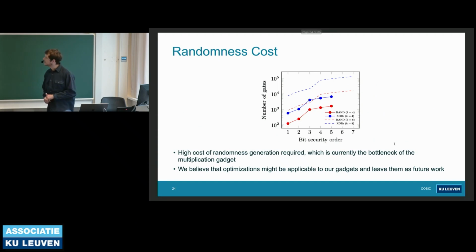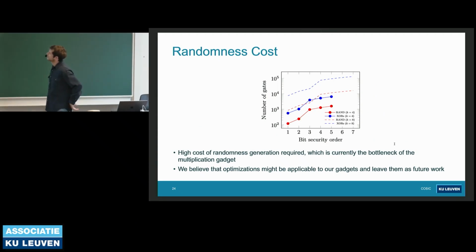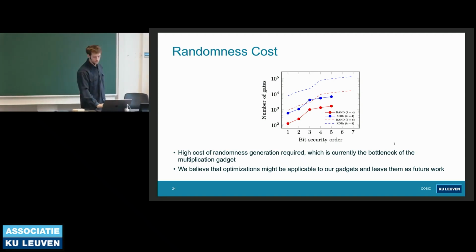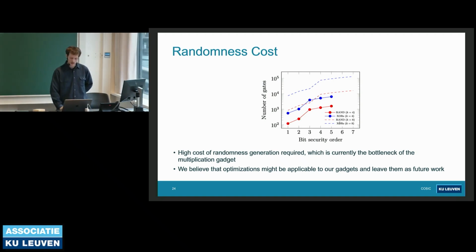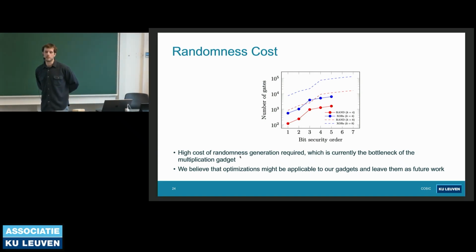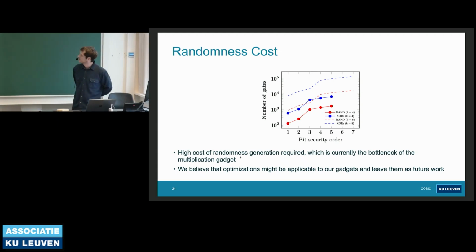This is the randomness cost just of our multiplication gadget. You have the 4-bit case, the 8-bit case in dashed line. And you can see that the numbers blow up quickly, because now you have a high cost of randomness generation. And this is, as I mentioned, the bottleneck. But we believe that we can optimize that, and we left that as future work.